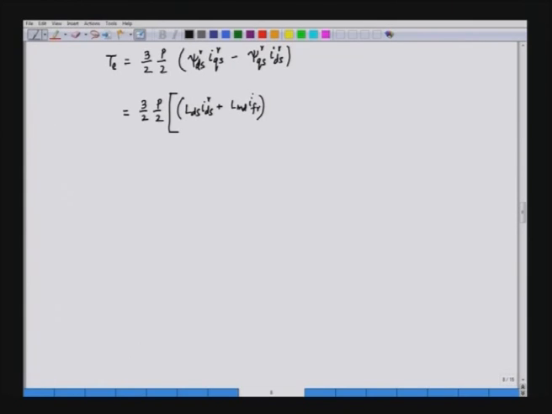We can say I f r in the rotor reference frame into I q s, minus psi q s into I d s. What is psi q s? Psi q s is L q s into I q s into I d s. That is the expression. The damper windings are not present. We are talking about a permanent magnet rotor in which there is no damper winding. So, this is the expression for the torque.